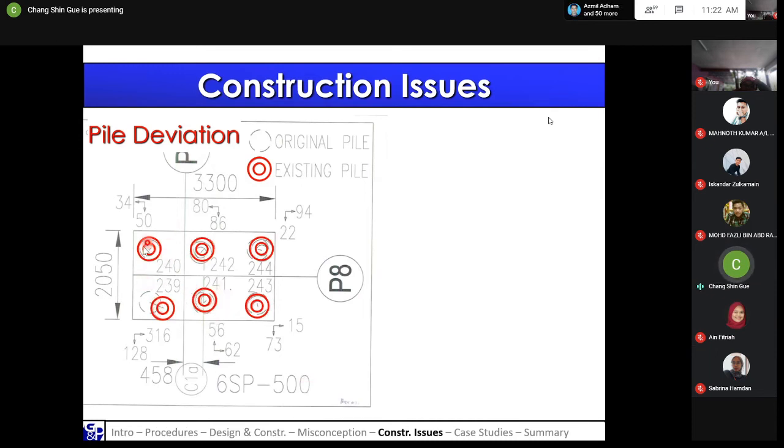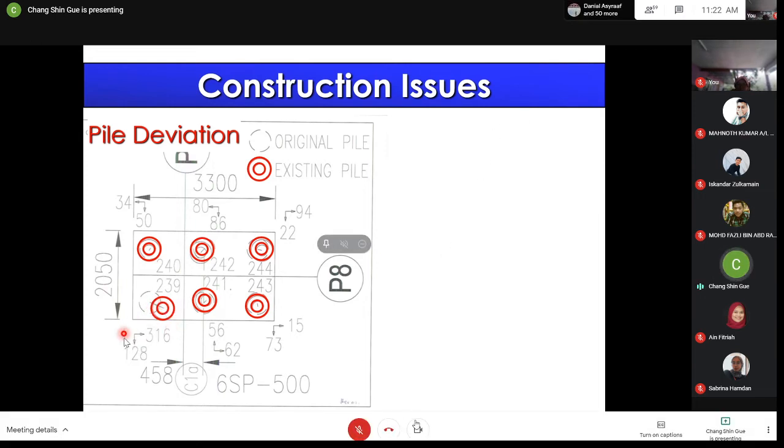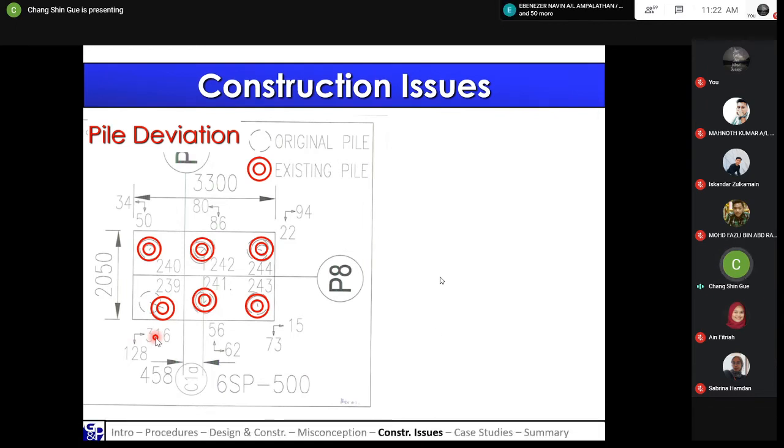Initially, of course, you want it to be in a nice position for the 6 piles. But after they pile, you realize that the piles have actually deviated. These arrows show how much each has moved. For example, this arrow here shows it moved 360 millimeters in this direction and 128 in this direction. So these are the deviations at the site.